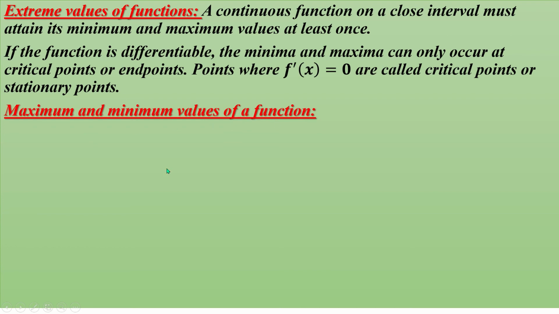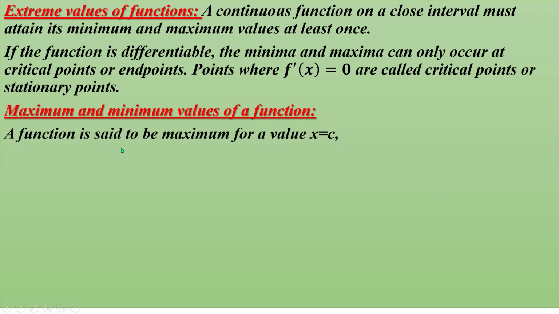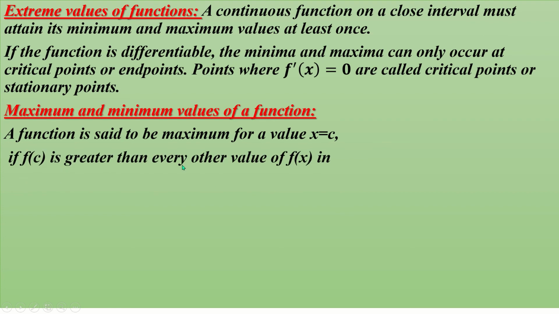Maximum and minimum values of a function. A function is said to be maximum for a value x equal to c if f of c is greater than every other value of f of x in the immediate neighborhood of x equal to c.